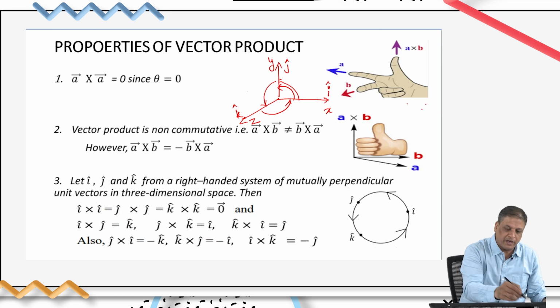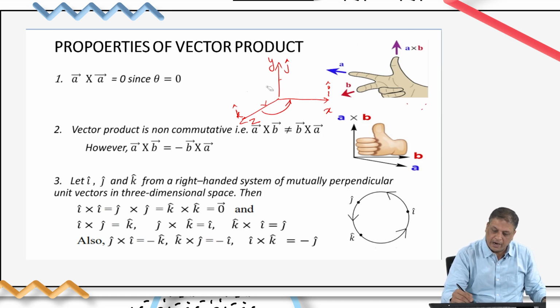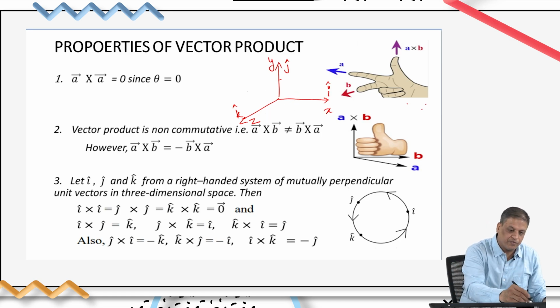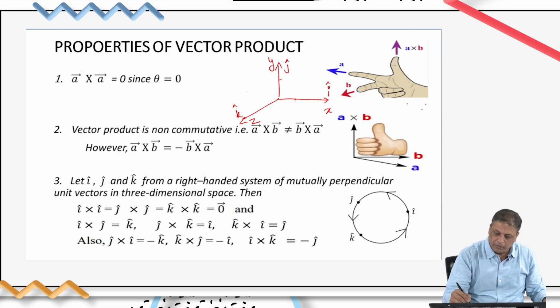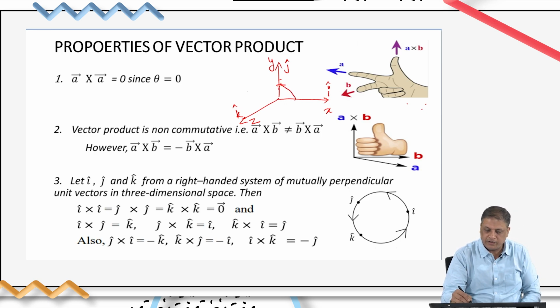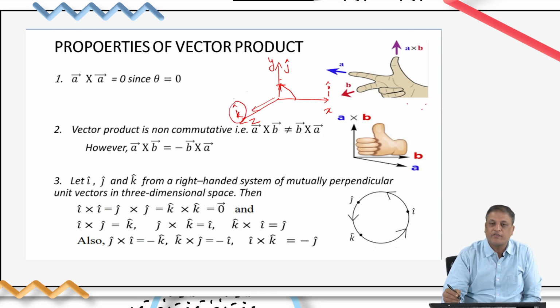So if I take I cross J, that means I am moving in the anti-clockwise direction, as a result of which the cap will move towards me. So it is moving towards the unit vector K.